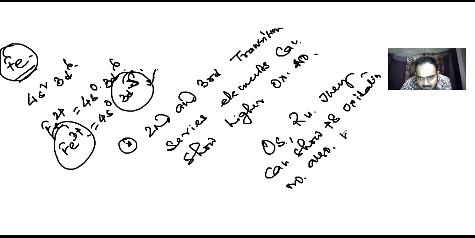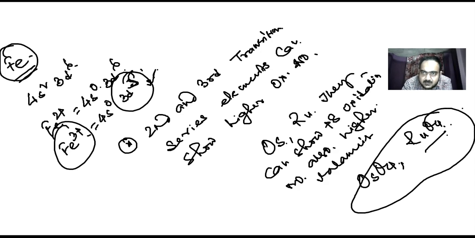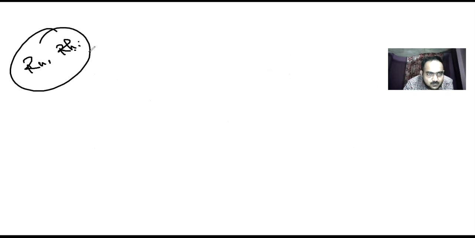Also higher valencies, such as OsO4, osmium tetroxide, ruthenium tetroxide, ReO4. Again, some examples are ruthenium, rhodium, etc. They also can show different kinds of higher oxidation numbers.